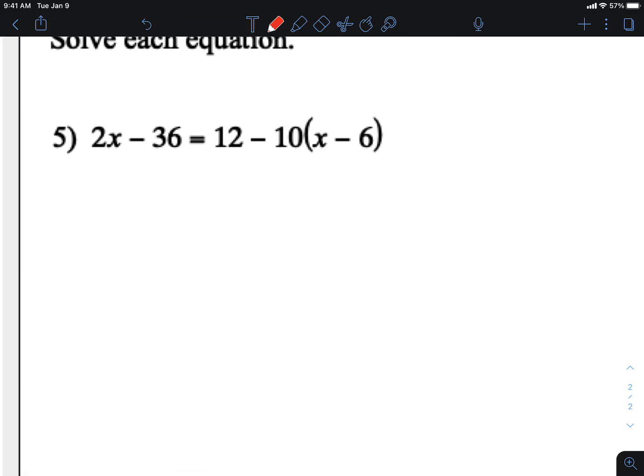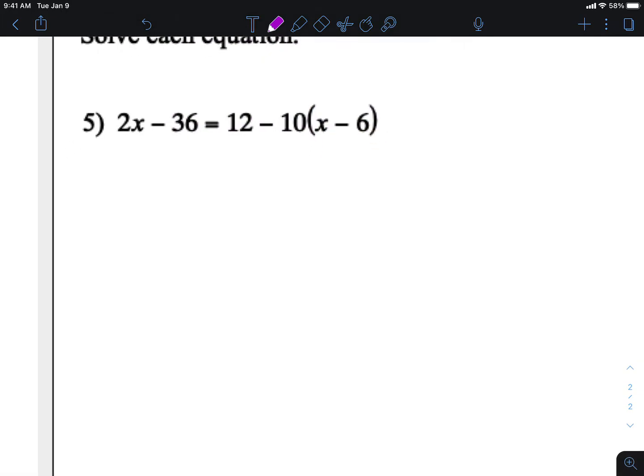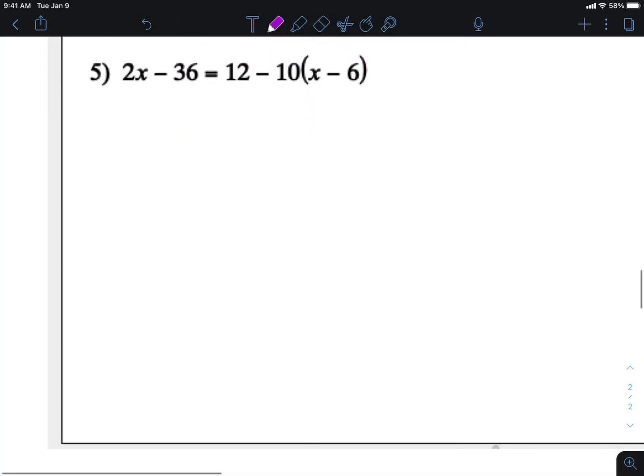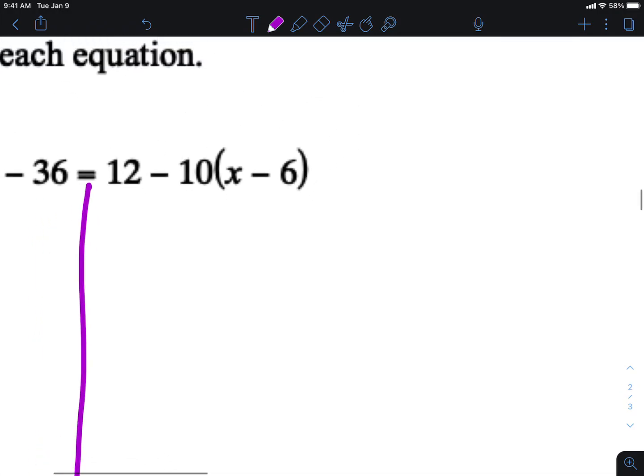So again, first step that we do is draw our line of separation under the equal sign, and we say equal. The second thing that I notice is this problem has parentheses on it.